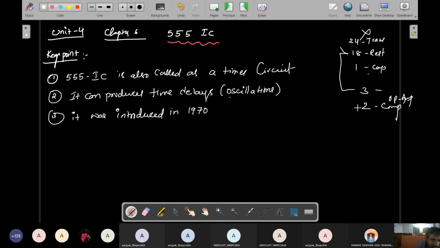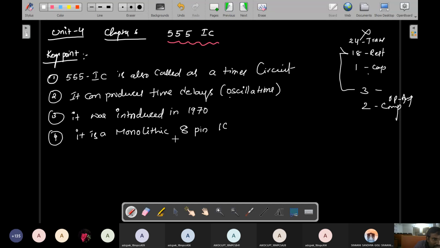In present days, the reduced 555 ICs are used. Okay, and it is a monolithic 8-pin IC. So actually the fourth key point is, it is a monolithic 8-pin IC.